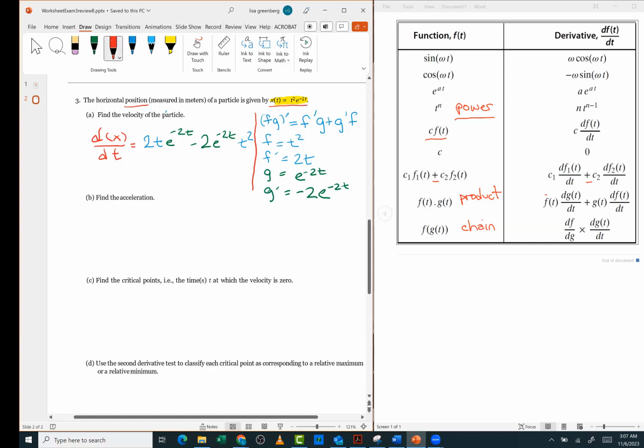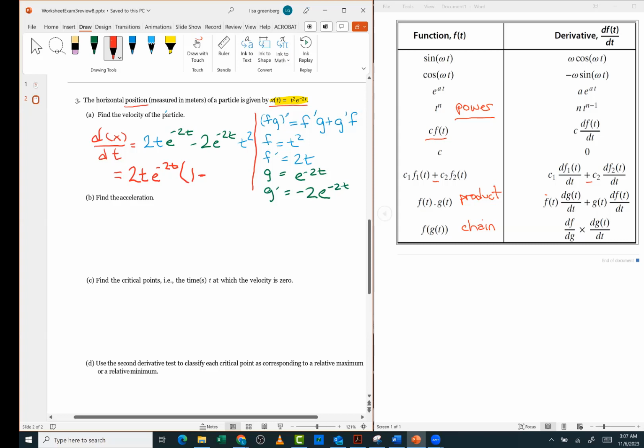I can rewrite this as, actually, I'm going to factor a bunch of things out of here. I have 2t e to the minus 2t. My first term I have completely there, so I just get a 1 minus my second term.